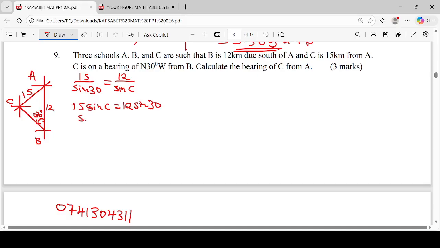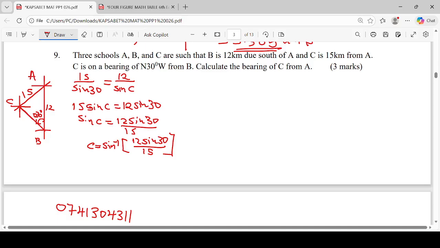So sine C is equal to 12 sine 30 divided by 15. So C is like saying the sine inverse of 12 sine 30 over 15.